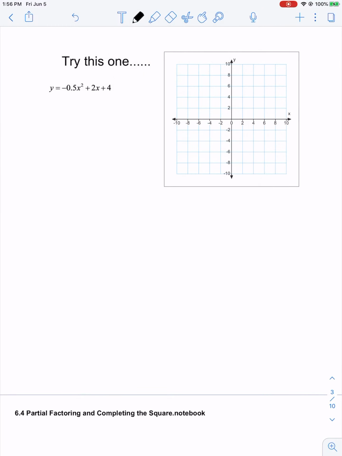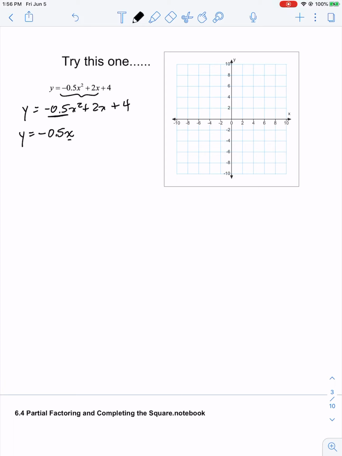So remember, we are just partially factoring these two. So negative 0.5x squared plus 2x plus 4. I've talked about factoring before when you have a fraction or a decimal and you want to factor that decimal out. I mean, you don't have to, but it makes it a little bit easier. So we're taking out a negative 0.5x.